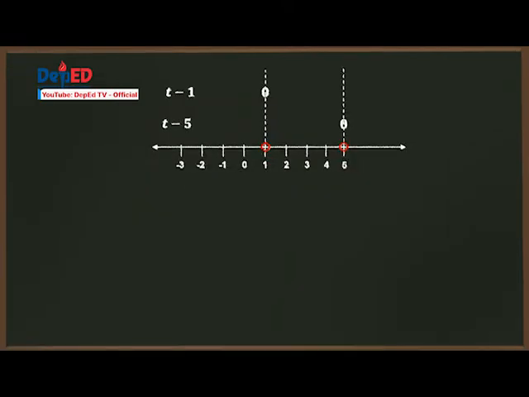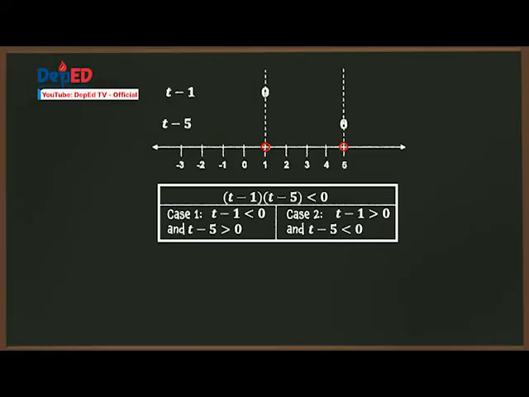Their values, then, must be of different signs. So we are looking at two cases here. Case 1, t minus 1 is less than 0 and t minus 5 is greater than 0. Case 2, t minus 1 is greater than 0 and t minus 5 is less than 0.